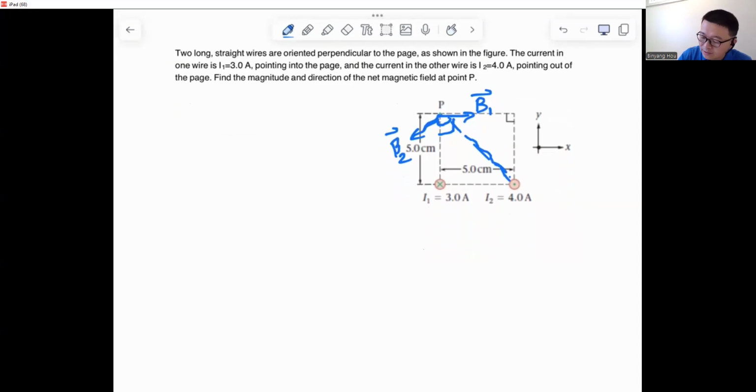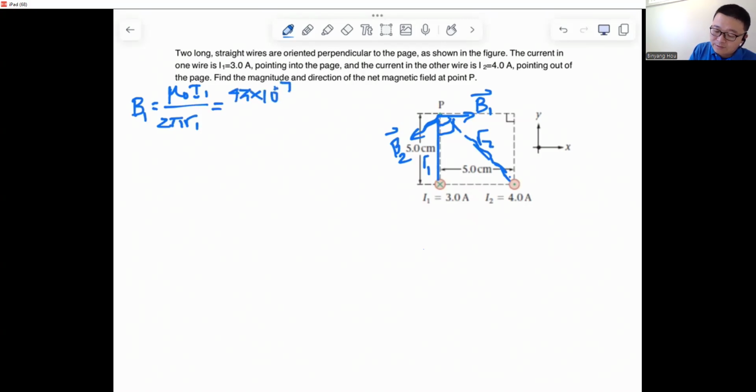So the magnitude of B1, we can do B1 first. B1 should be mu naught I1 over 2 pi R1. This one is R1, and this one then is R2. So 4 pi times 10 to the minus 7 times I1, which is 3.0 amps, over 2 pi times R1, which is just the side of this square.